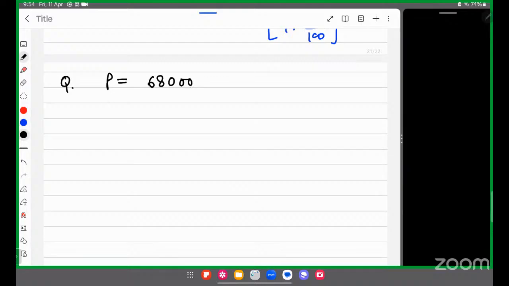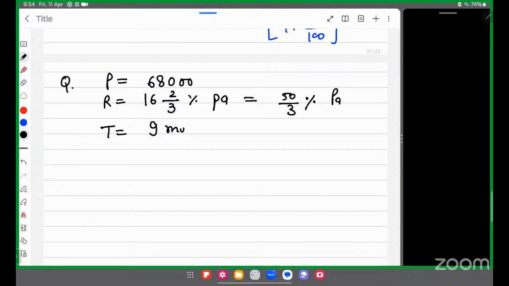Interest rate R is 16 and 2 by 3% per annum. This will be how much? 16 into 3 is 48, plus 2, 50 by 3% per annum. And time period is given to us 9 months.